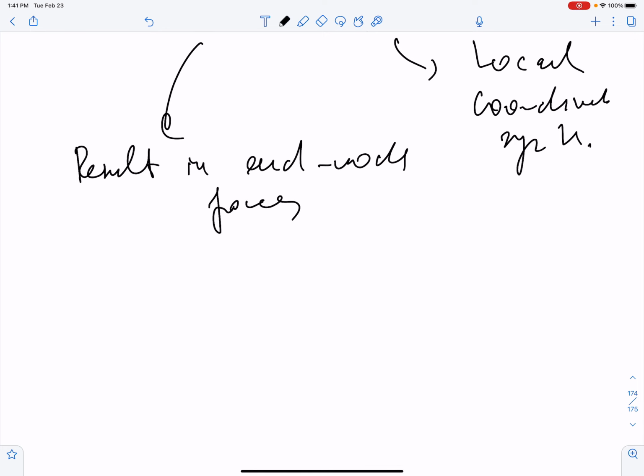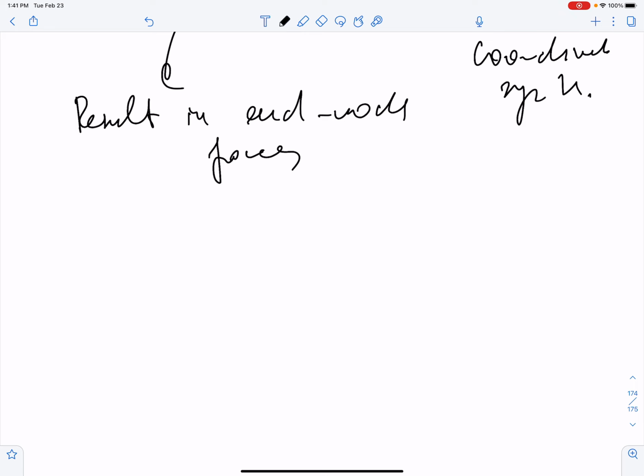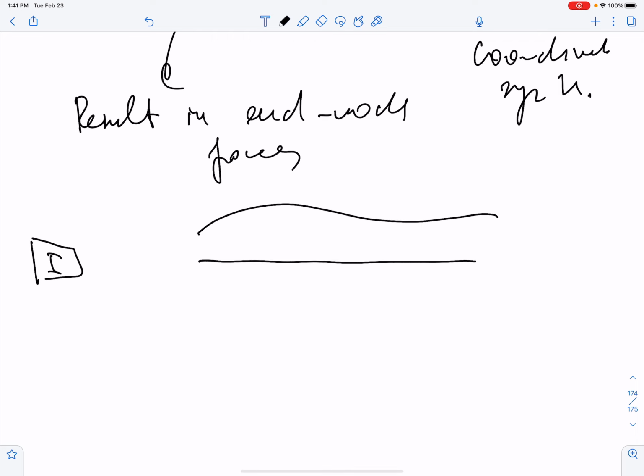Okay. So what do I mean by this? Right. So if we do an expanded view, this is our node I, this is our element, this is our prescribed load, okay? This is a force distribution, okay?